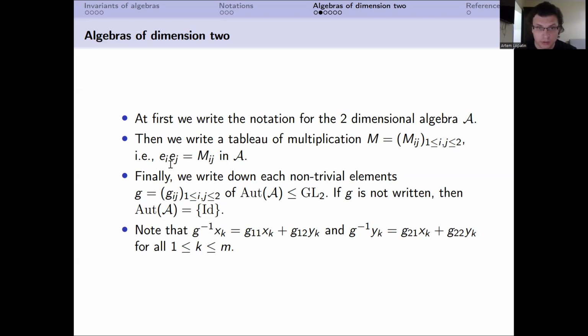Here E1, E2 is the basis of algebra A. And then a group of automorphisms is given. If nothing is written, then the group of automorphisms is trivial, and only non-trivial elements are written, trivial elements are not written. I will come back to this line later.